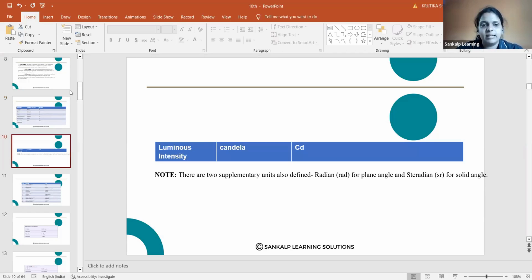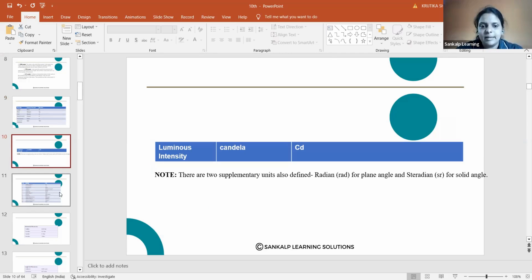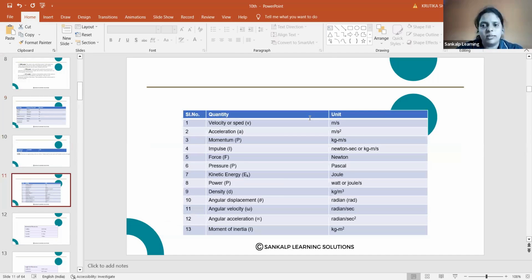These are the 7 SI units. Based on these SI units, we can write the unit of any given physical quantity. I hope you remember what we discussed in the last class and there is no doubt. I'll proceed with today's class.